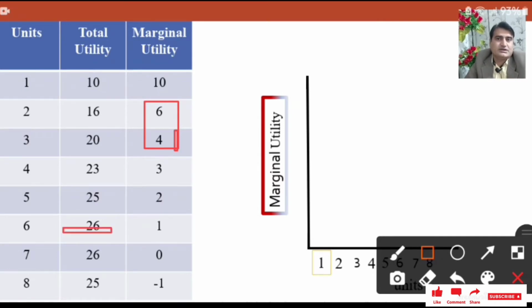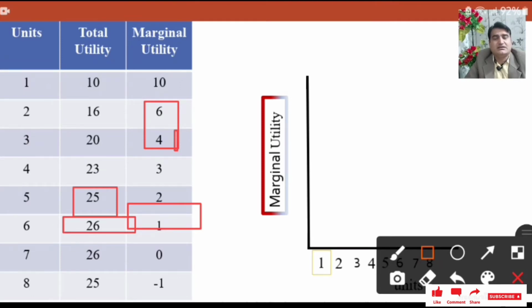So this is the total utility 26, and the preceding utility is 25 here. So the marginal utility here is 1. By consuming the 7th unit, the consumer's total utility is maximum and the marginal utility becomes 0. Remember it: when the total utility is maximum, the marginal utility becomes 0.